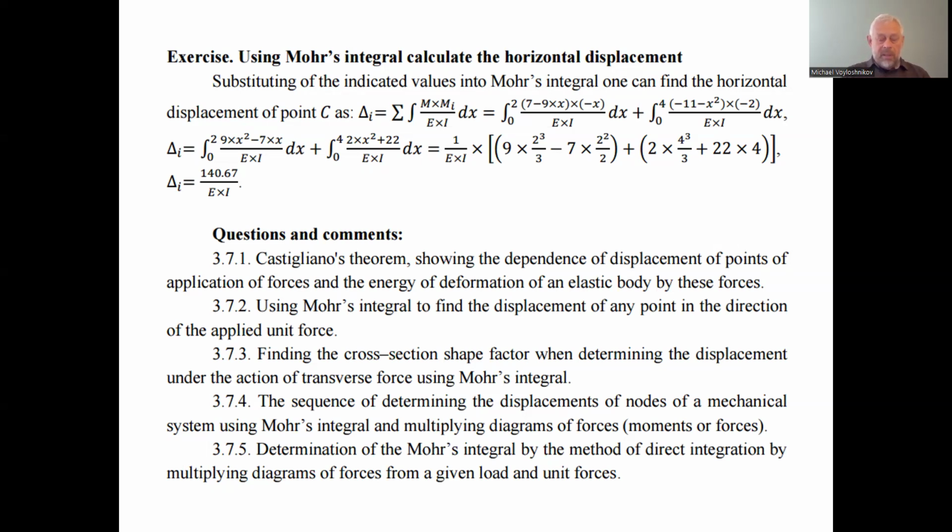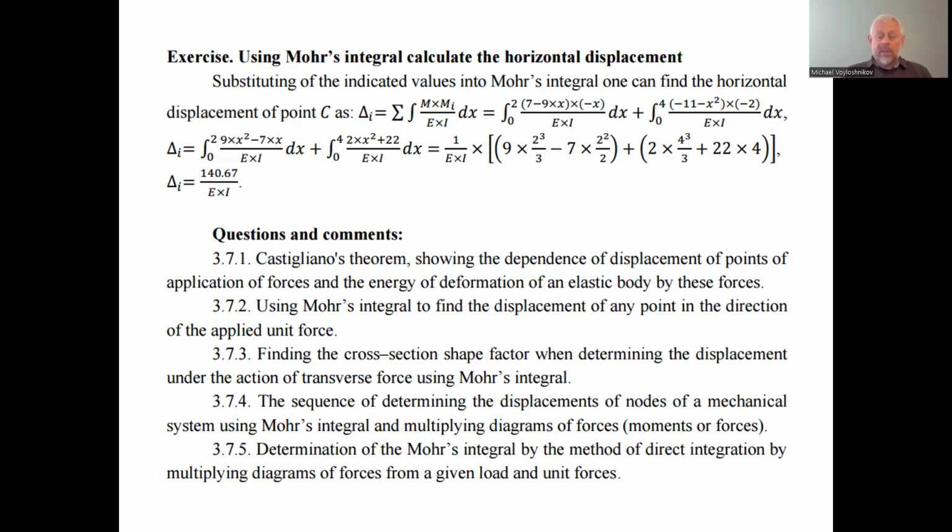Shape factor is a characteristic of the transverse section of the mechanical system under influence of the transverse force. And the shape factor depends on distribution of the material along the transverse section of the mechanical system element. And we can determine this like a proportion, a mathematical equation.